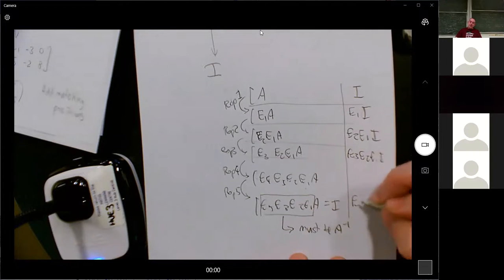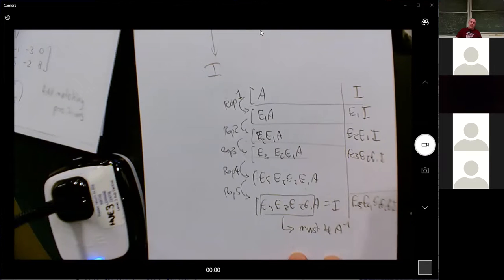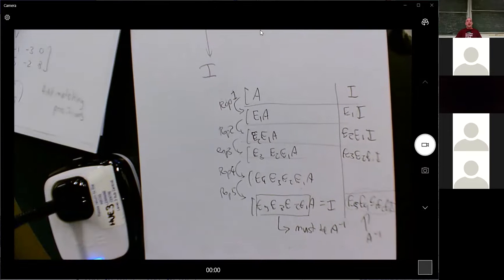And I would get, at the bottom here, E5, E4, E3, E2, E1 times I, which is the same as E5, E4, E3, E2, E1, because the I doesn't make a difference. And therefore, this thing here is A inverse. Because that's what happens when you do all those matrix multiplications. You get the same list of things, but the thing they're multiplied by is the identity, which means it's just that thing.